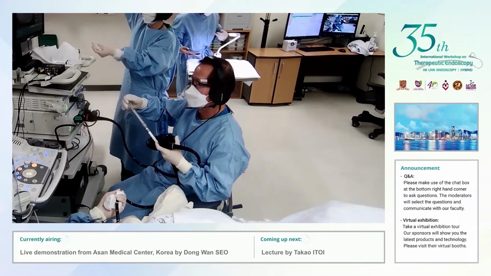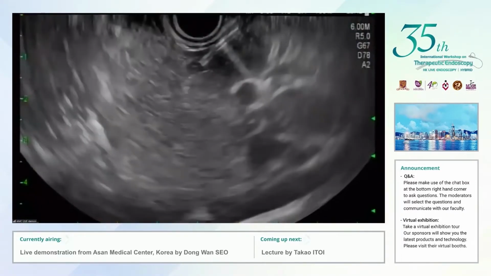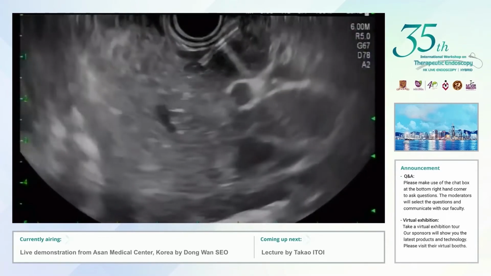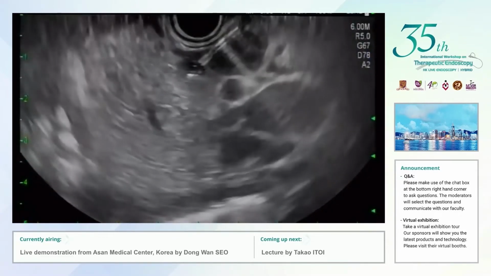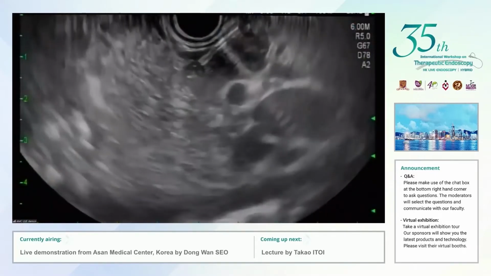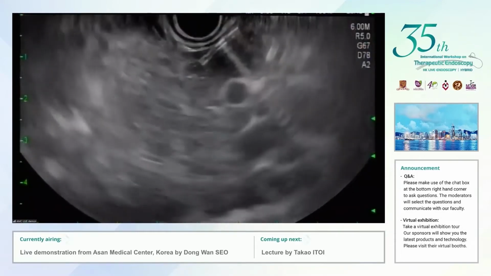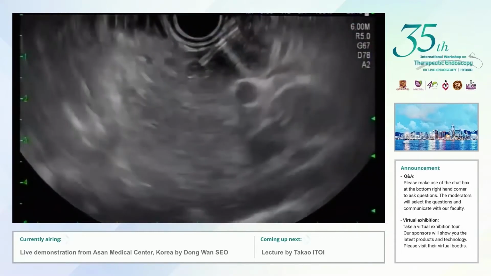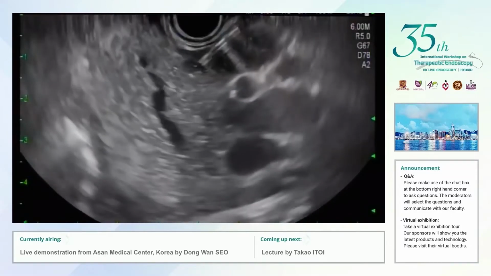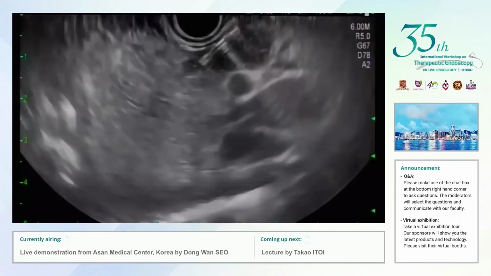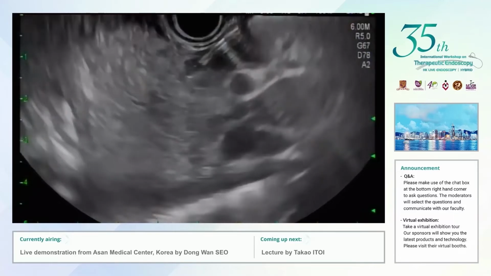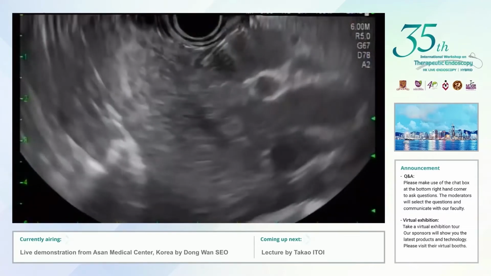So Dong Wan, one quick question. In terms of the sequence of the procedure, do you always biopsy first before aspirating the cyst fluid, or what's your preference? If the cyst is large, aspiration first, to relieve the tension, and then do the biopsy. But sometimes when the cyst is septated, after aspiration it is difficult to have some space, and then the biopsy process can become very difficult.